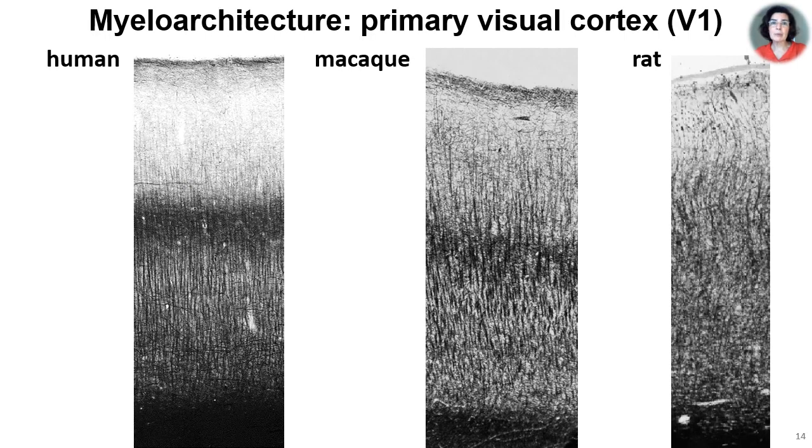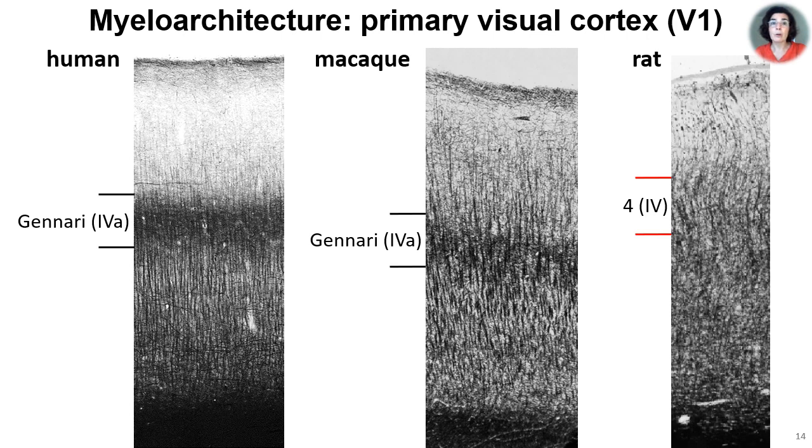The first example comes from the primary visual cortex and illustrates why it is called striate cortex in the primate but not in the rodent brain. In the primary visual cortex, there is a band of densely packed myelinated axons running parallel to the cortical surface, the so-called Gennari stripe, which corresponds topographically to cytoarchitectonic layer 4A.